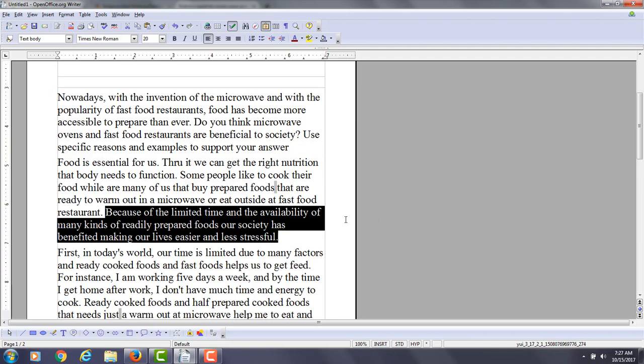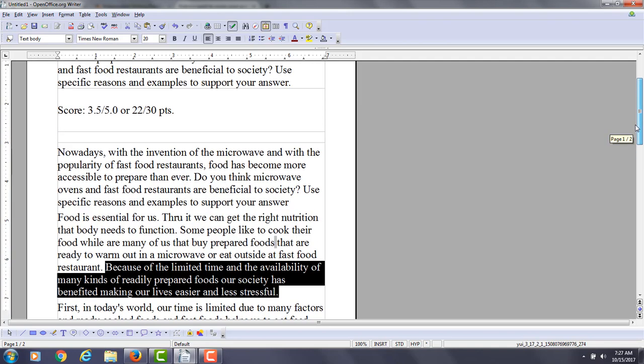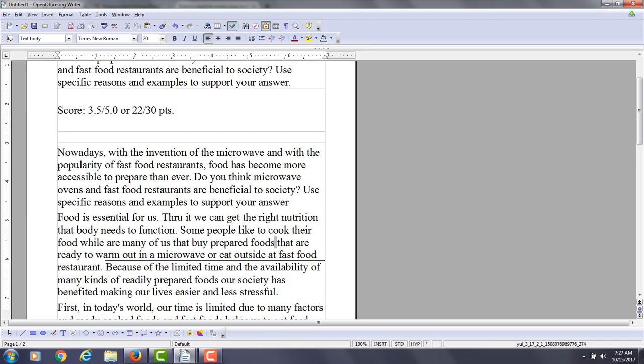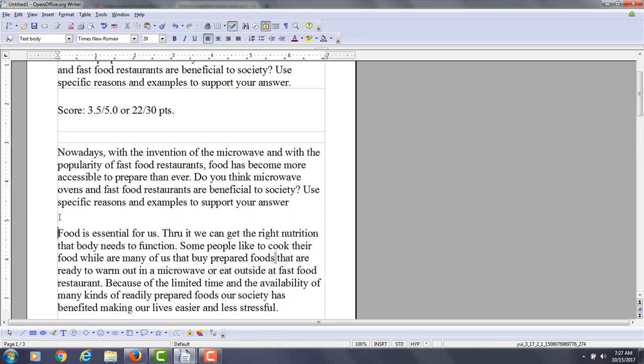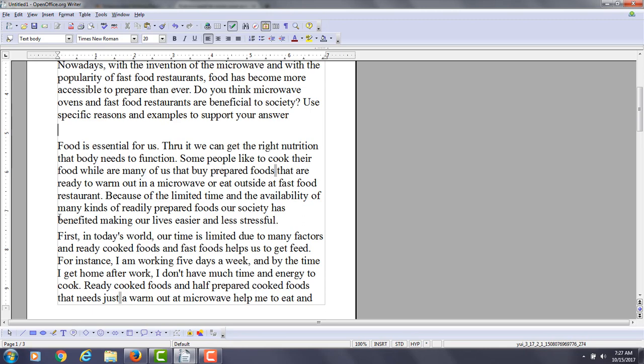But saving time does not tie back to your second point that you mentioned in the thesis. So you need to make sure that the introduction, all the body paragraphs, all of it fits together, right? That there's a coherent connection everywhere.